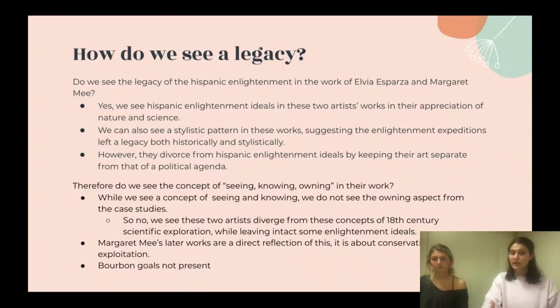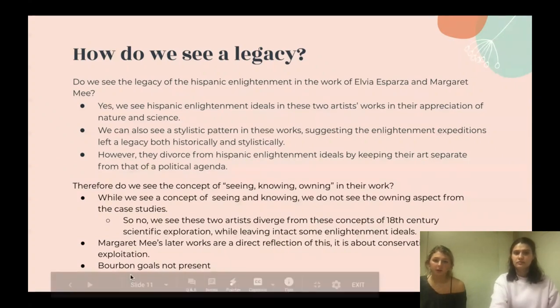As Sallie talked about earlier, Margaret Mee's works are a great direct reflection of this. For her main purpose, specifically in her divergence away from decontextualization, is the sole purpose of conservation, not exploitation. So there's an obvious absence of modern botanical art being for the purpose of exploitation.